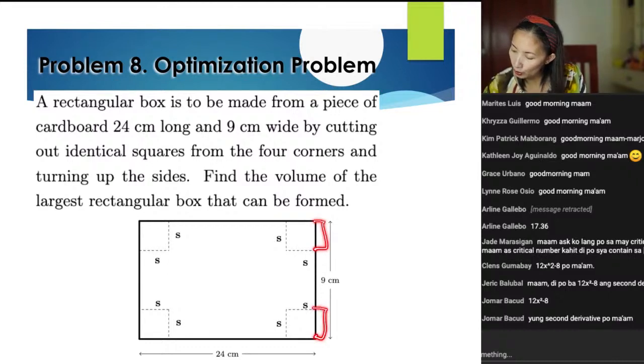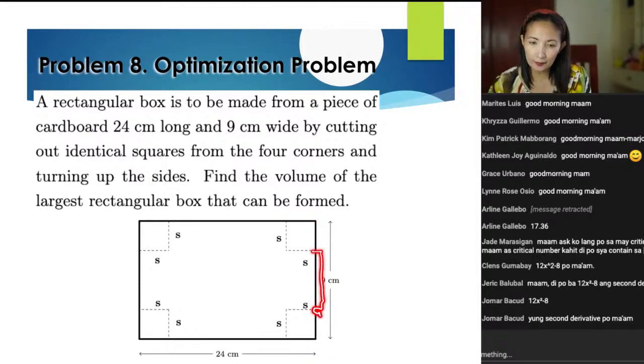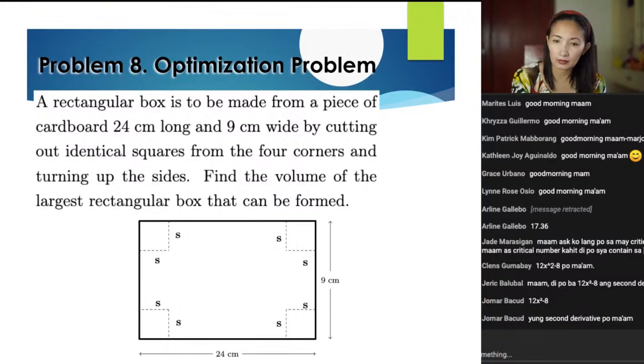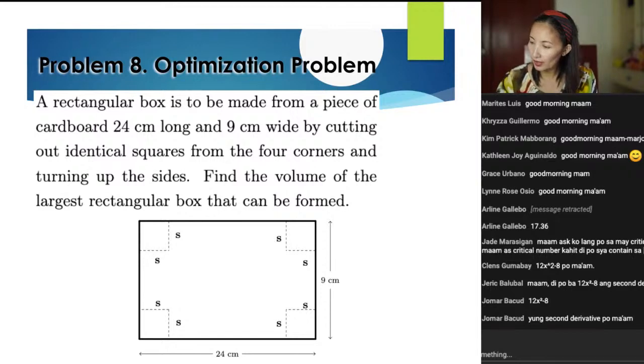That means the new width will be from here to here. That's 9 minus 2S. Let's have it here.